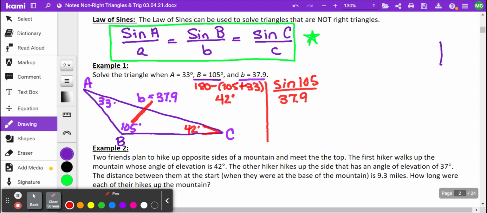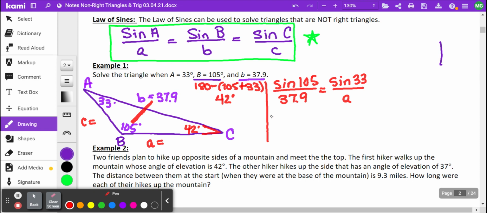And now we can choose whether we're going to solve for side A, which will be here, or side C, which will be here. So I'm going to say let's go for A. And all we're going to do is set this equal to the sine of 33, which is angle A, over side A. So notice it's sine of A is to A as sine of B is to B.